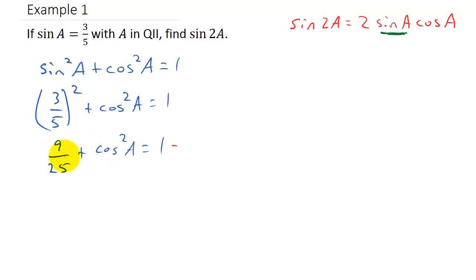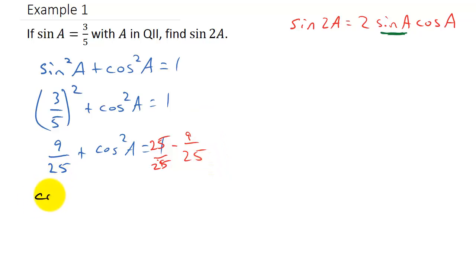That gets rid of it on this side, and I'm left with just cosine squared A. Then over here, 1 is 1 over 1, so if I get a common denominator of 25, this numerator becomes 25.